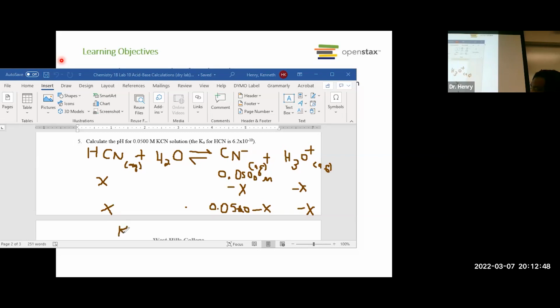Ka equals x over 0.0500 minus x, minus x.